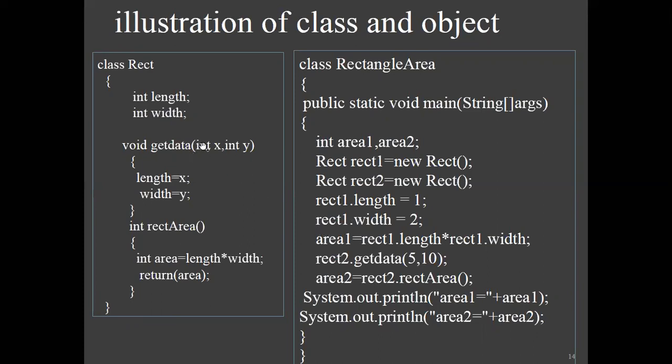These are copied to x and y, and in turn copied to length and width. Now the values assigned are 5 and 10. I am using the rectArea function, which is already available in the Rect class, to calculate area2.